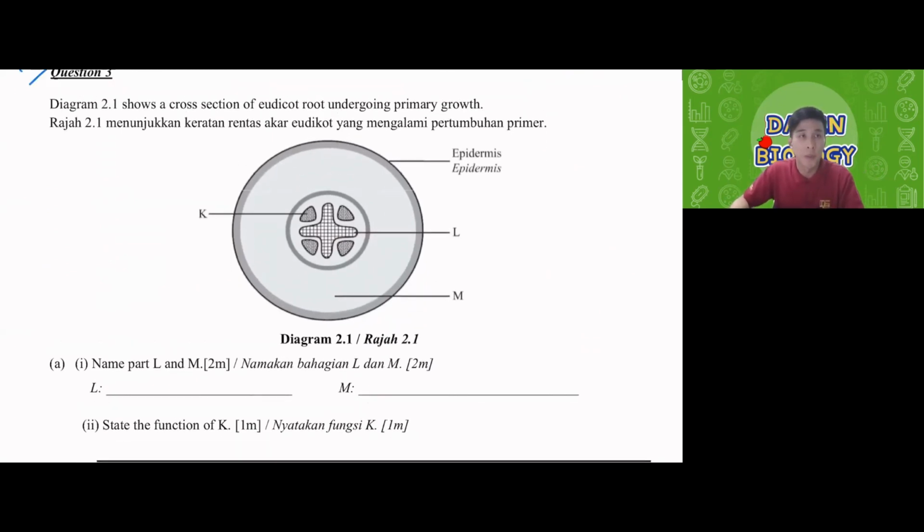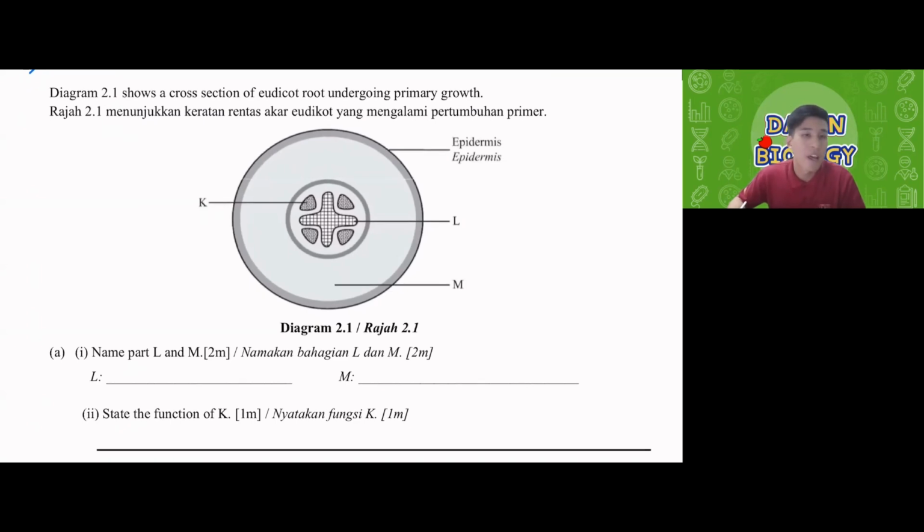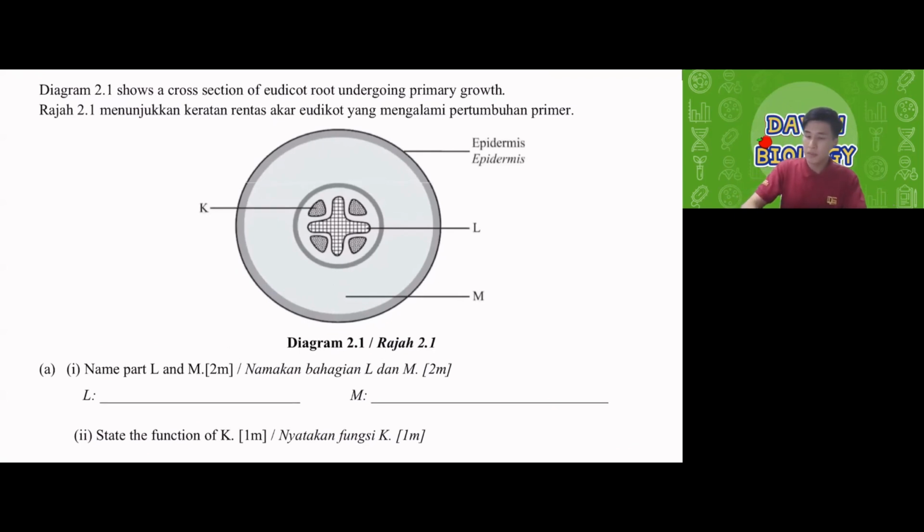Labeling, super simple. Question 2.1 shows a cross-section of a eudicot root undergoing primary growth. Name parts L and M. Okay, can you tell me what L is first, guys?